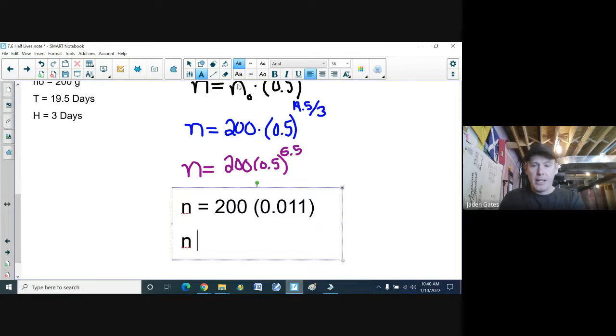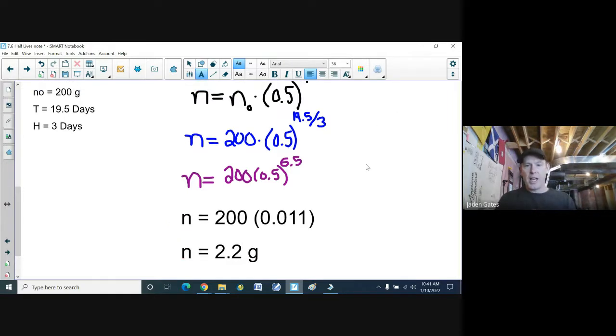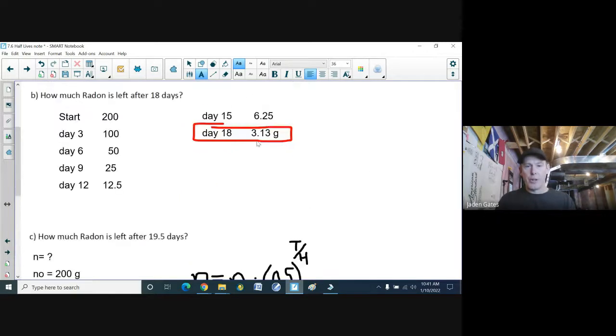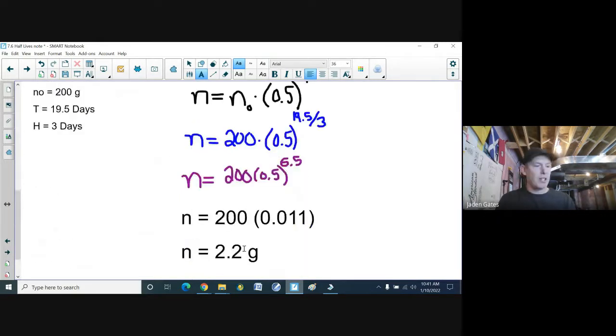And then finally, I'm going to multiply those two numbers. So 200 times 0.011, and I get simply 2.2 grams, which again is lower than the 3.13, which I expected because we're still losing some radon there.